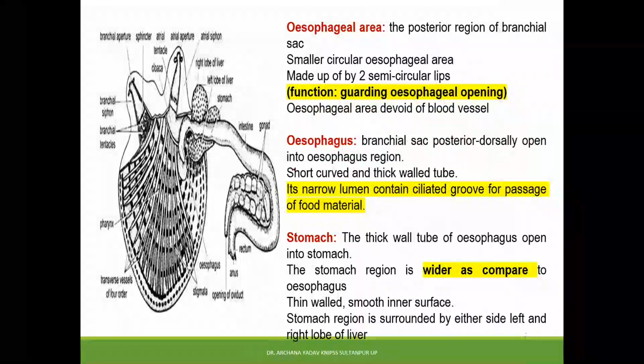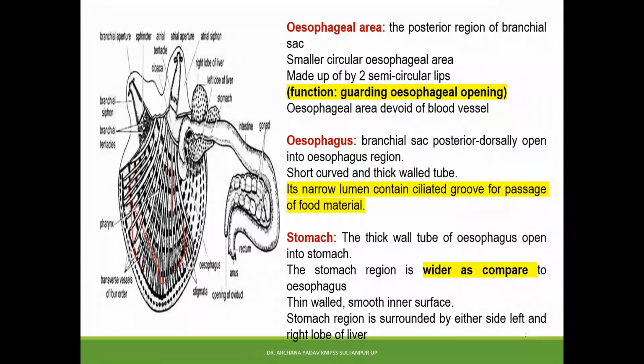Now, the esophageal area. The branchial sac or pharynx region leads towards the esophageal area, which is the posterior region of the branchial sac.